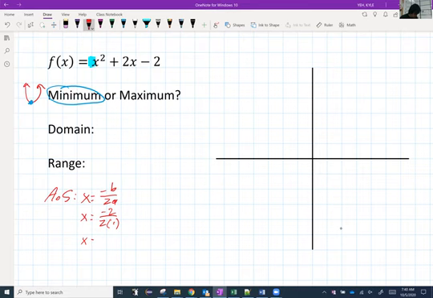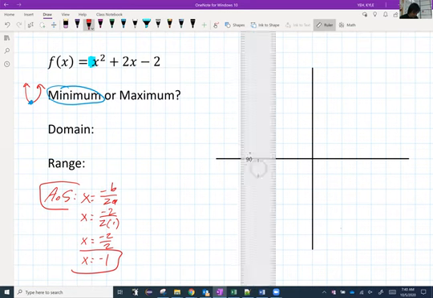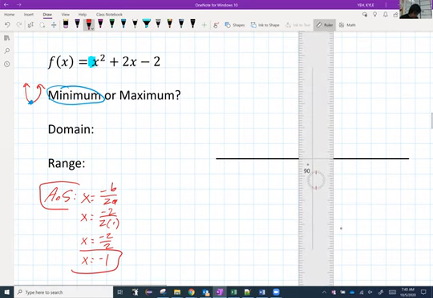X equals negative 2 over 2. The axis of symmetry here is x equals negative 1. I know we've seen that a couple times on these notes. It won't always be 1 or negative 1. I just tried to keep the numbers simple for this intro. So x equals -1, that's my axis of symmetry.